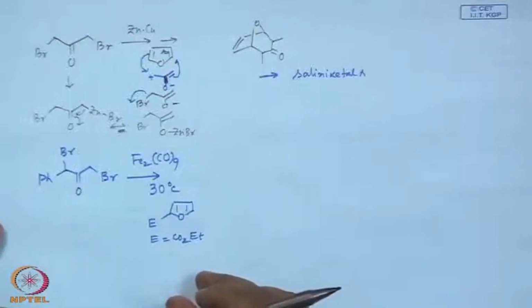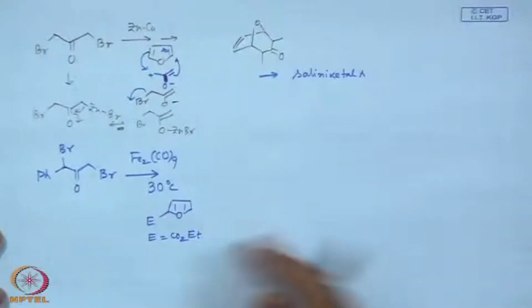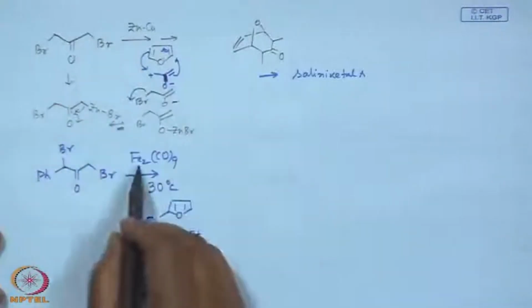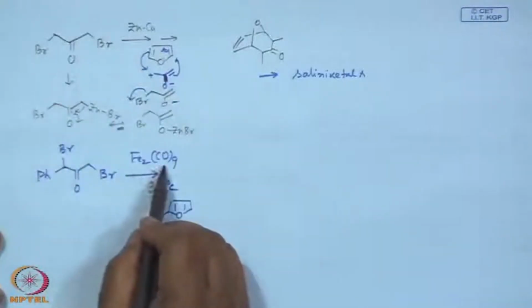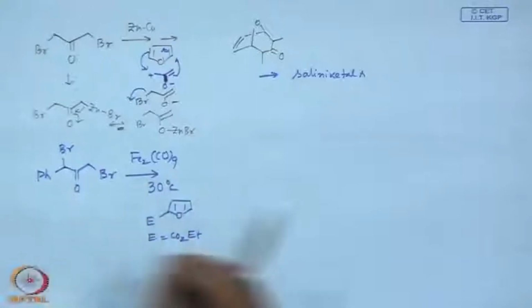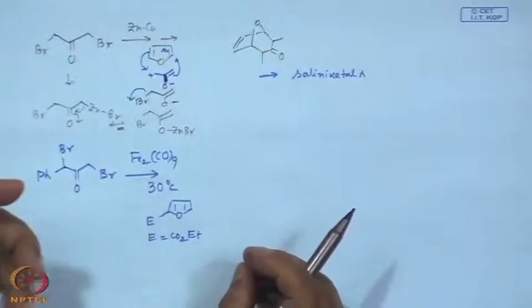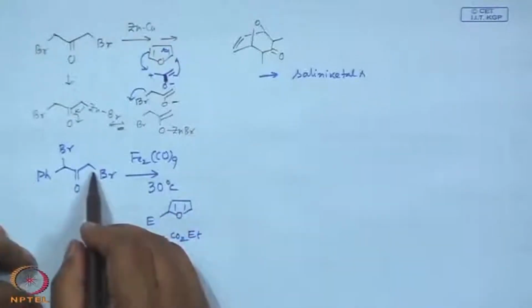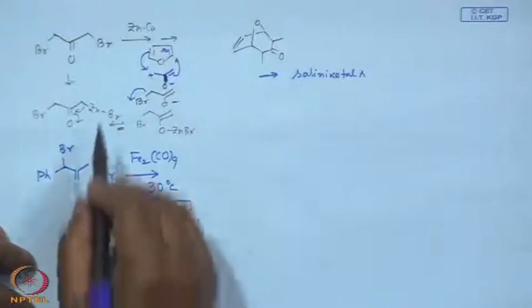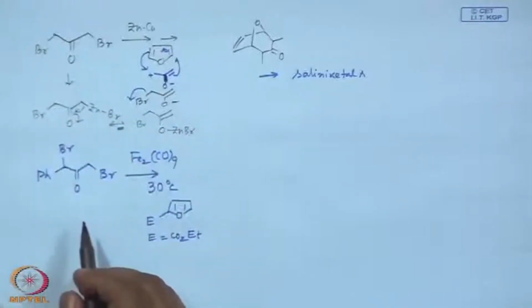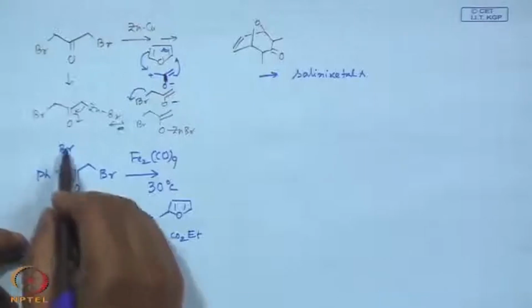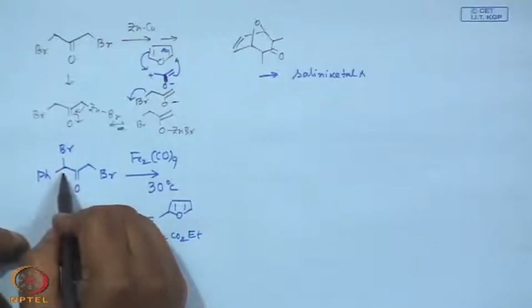and it basically serves the purpose of zinc, because iron nonacarbonyl means it is iron plus carbon monoxide. So, it is basically iron 0, right, and so it undergoes insertion between the carbon and bromine bond like zinc. So, that takes care of, and then this iron also activates this carbon bromine bond, that means takes this bromine away to produce a carbocation here.